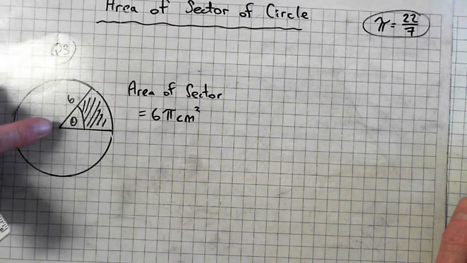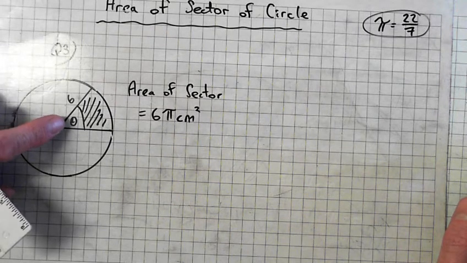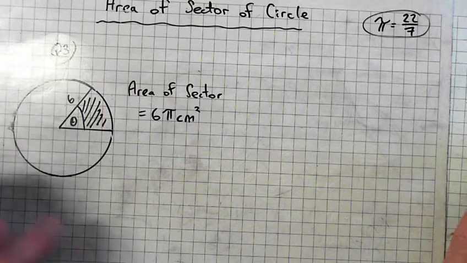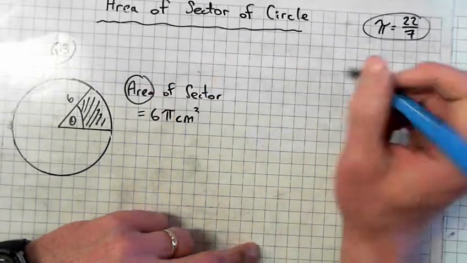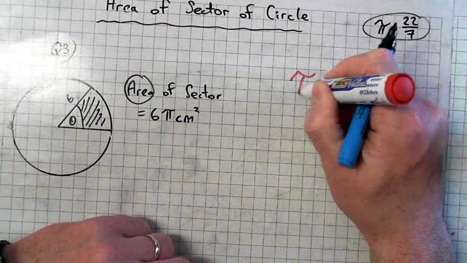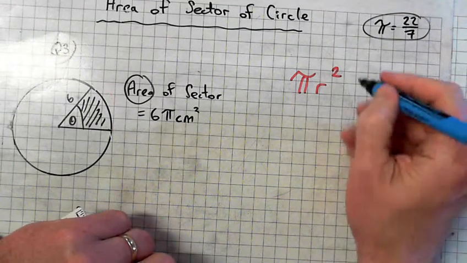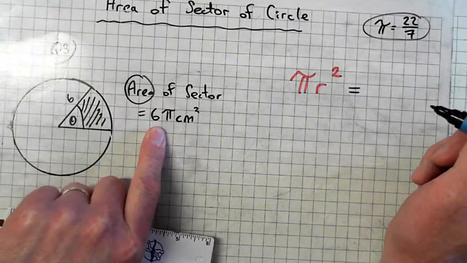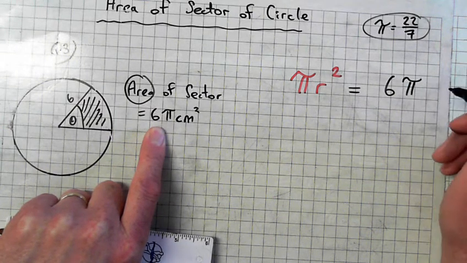So we know the area of the sector, but we don't know what fraction it is. It mentioned area, so we're going to be using the area of the sector. The area formula is pi r squared, isn't it? It tells us what the area is, 6 pi.